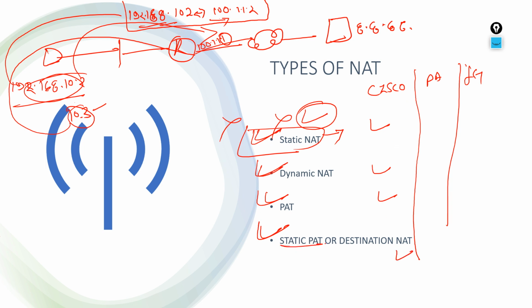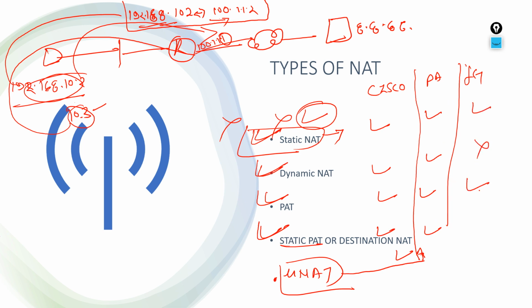We can say destination NAT only. Palo Alto also supports static NAT, dynamic NAT, PAT, and UNAT is also designed by Palo Alto, which is not supported in Cisco. UNAT is vendor-specific NAT, supported by Palo Alto because it was designed by Palo Alto only. The FortiGate will support static NAT. It will not support the dynamic. It will support PAT, and it supports the static PAT or destination NAT.